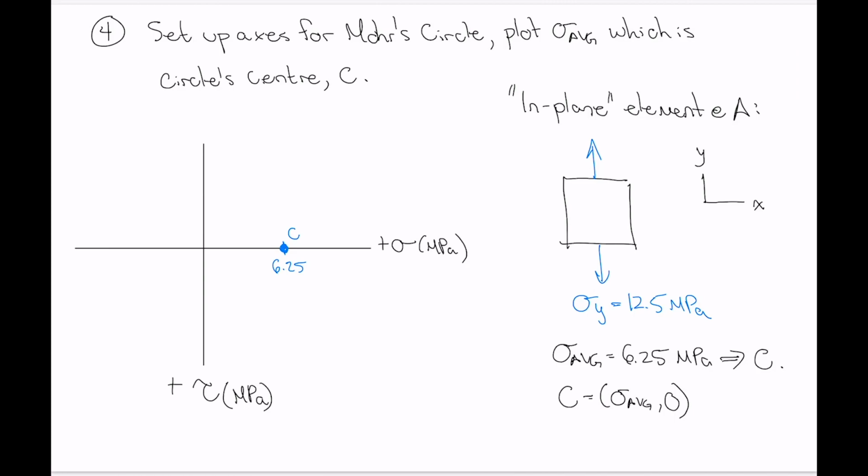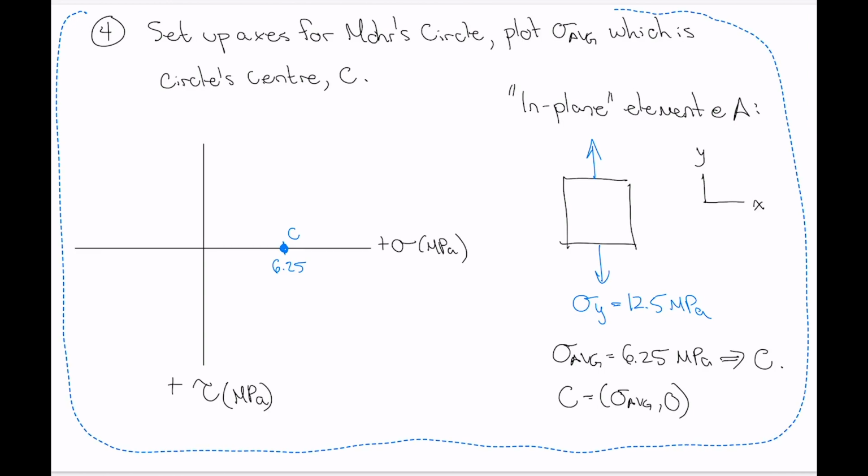All right, in order to plot a circle, the other thing that you need is a point on the circumference of that circle. And if you've got the center point and a point on the circumference, then you've got your circle constructed. So I'm going to take everything here, and we're going to do the next step.